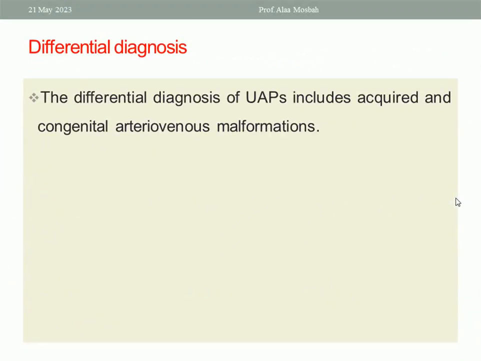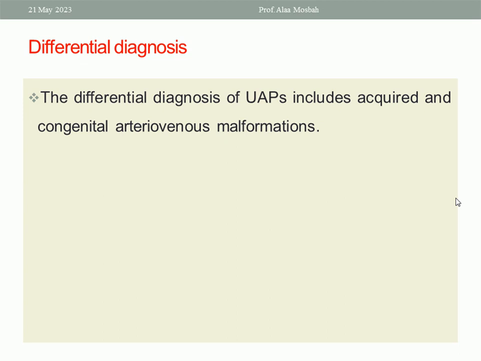So what is the differential diagnosis? The most important, as I said in the previous lecture, the other abnormality or malformation, the congenital and acquired arteriovenous malformation. So I should differentiate between uterine artery pseudoaneurysm and congenital or acquired arteriovenous malformation.